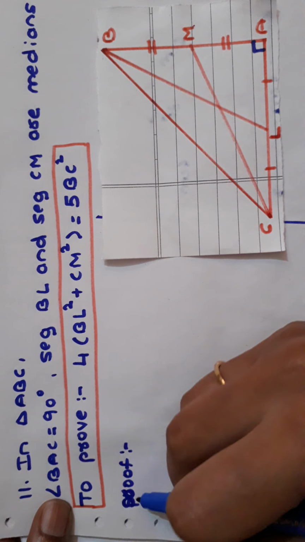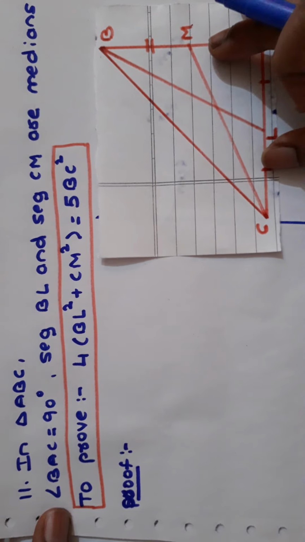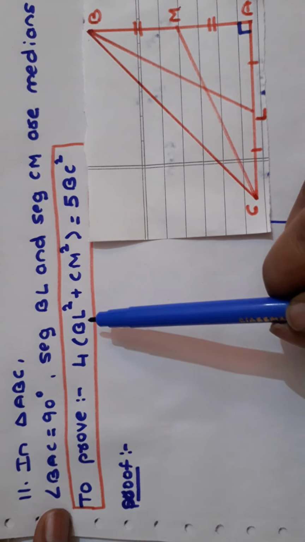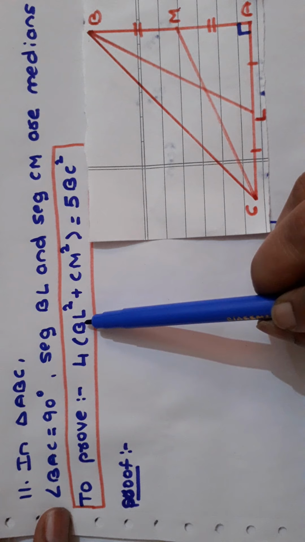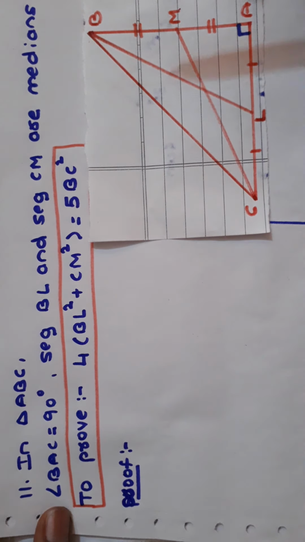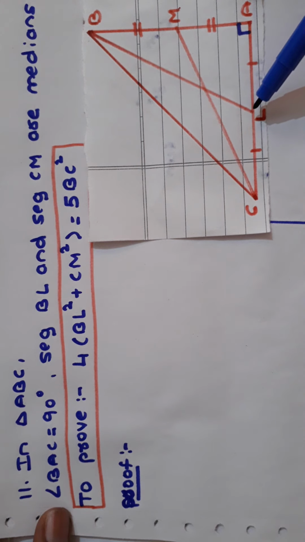Proof. Now if you see the result, we need BL square, and BL is the hypotenuse of the right angle triangle BAL. So by applying Pythagoras theorem, we get BL square is equal to BA square plus AL square.